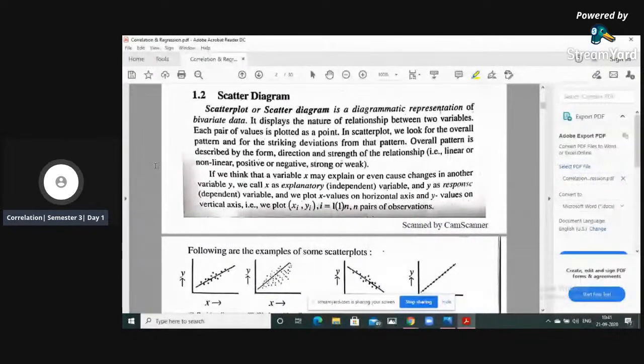Now, as I said before, there is an x variable and a y variable. Each of these two variables takes n pairs of observations. And how those points look is given over here. This is how the points look, xi and yi.